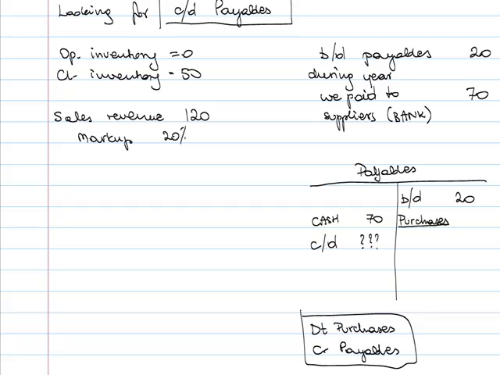Alright, but we don't know what the purchases were, but we've got the cost structures. Our cost of sales is made up by opening inventory plus purchases minus closing inventory.